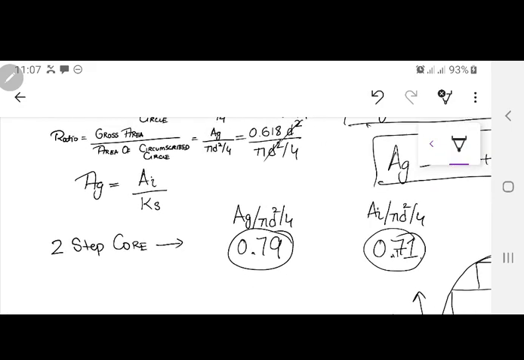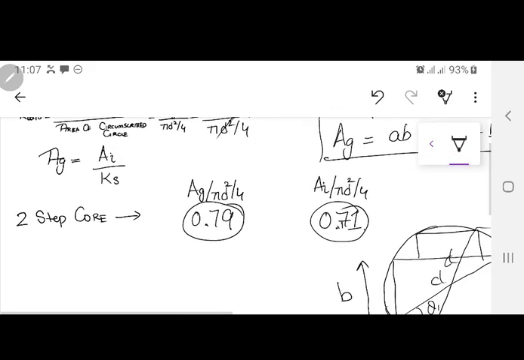So with a stacking factor of 0.9, for a two-step core your net iron area is 71% and your gross area is 79% of the circumscribed circle.